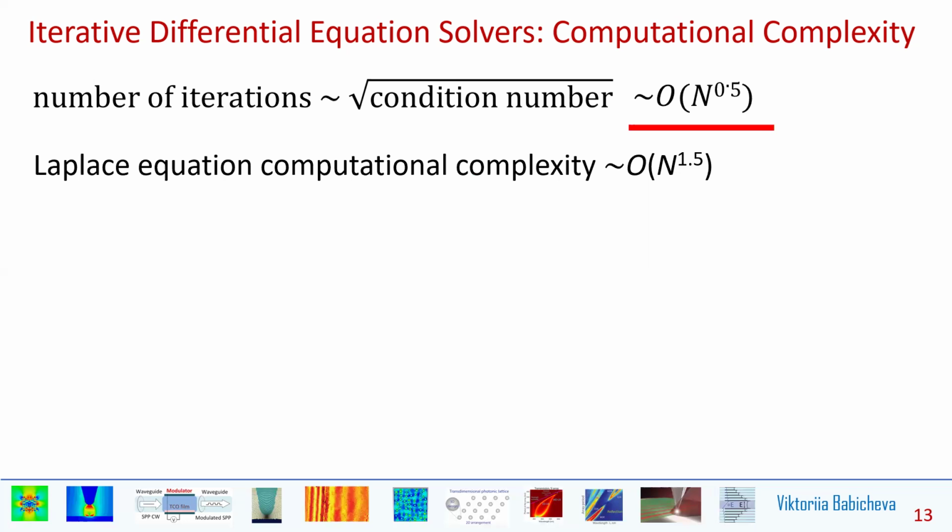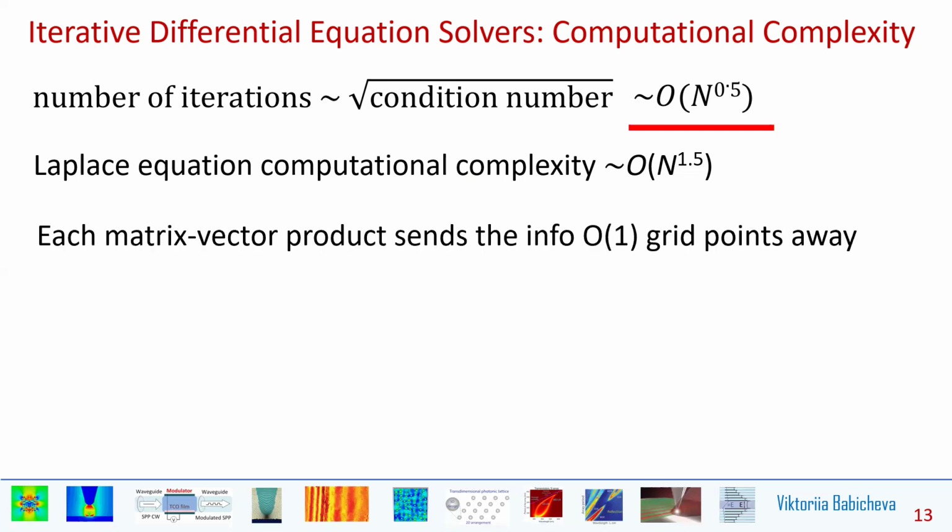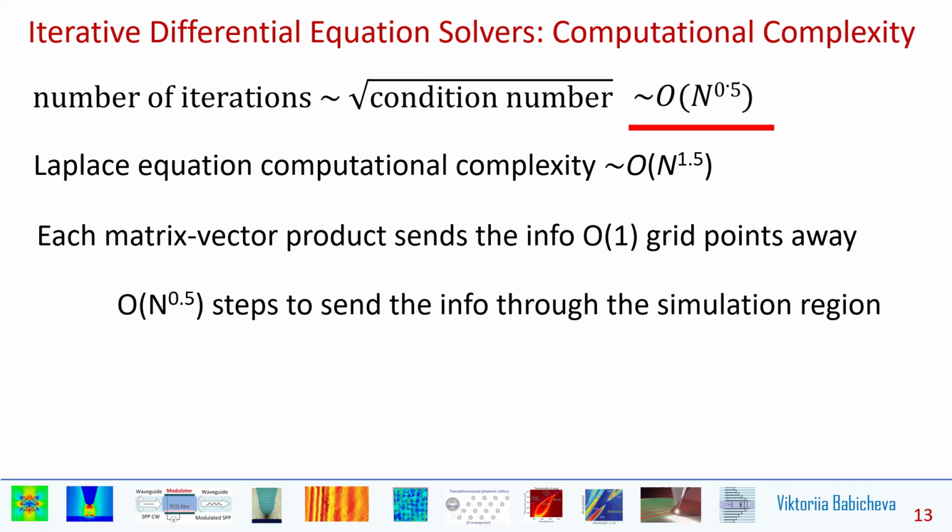It accounts for only near-neighbor interaction. Therefore, each matrix vector product will send the information on the order of 1 grid point away. Because of this, it takes on the order of n^0.5 steps to send the information entirely through the simulation region.